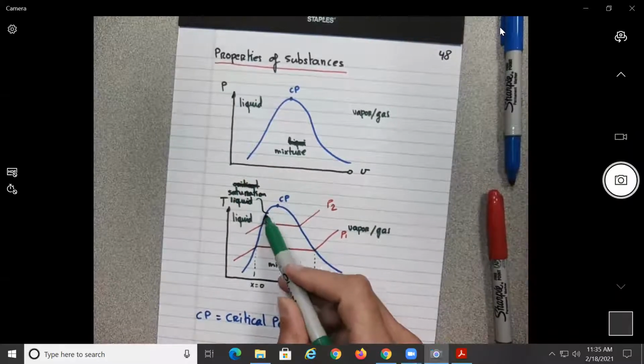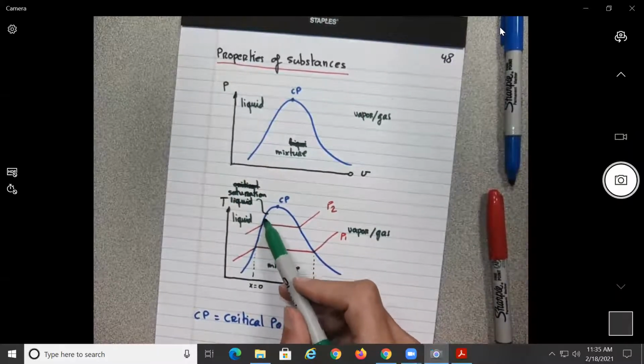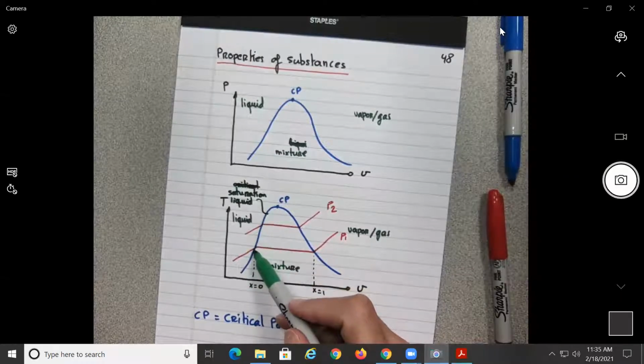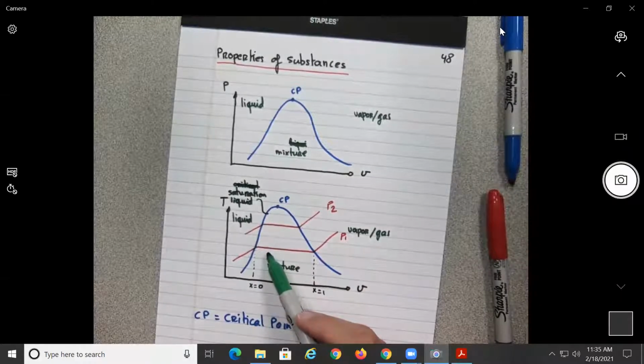So in this case, what's going to happen? This is going to be the line where all the fluid is going to be under the liquid state, but it's saturated because as soon as we're going to move, it's going to become a mixture, no?